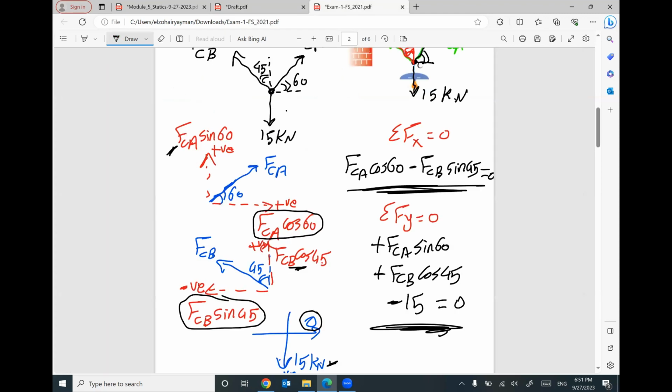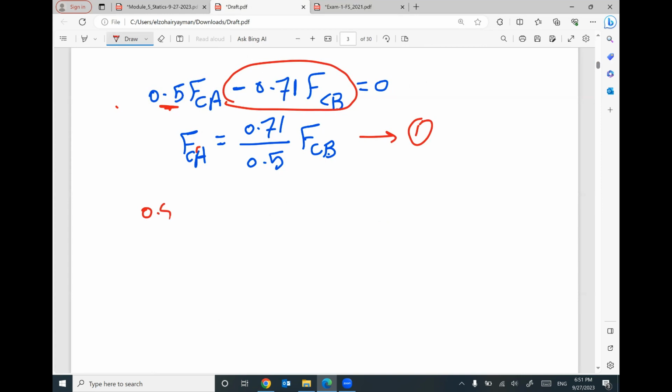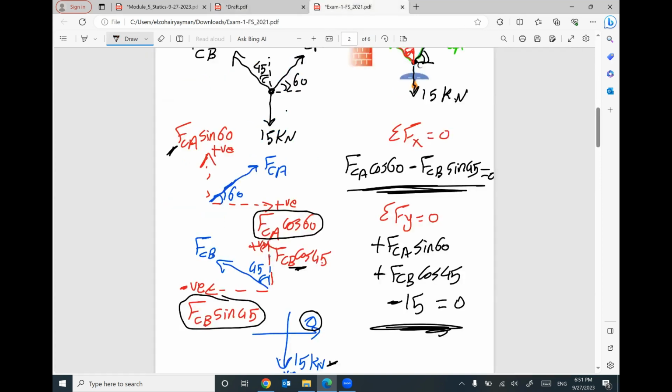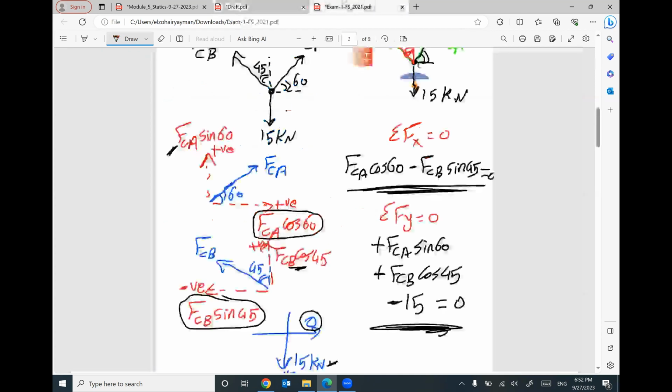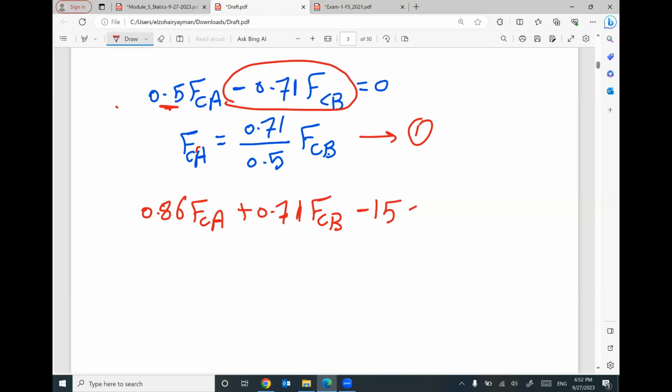Go ahead and simplify the second equation. FCA sine 60 is 0.86. 0.86 FCA plus 0.71, I'm sorry, FCB. Minus 15 equals 0.